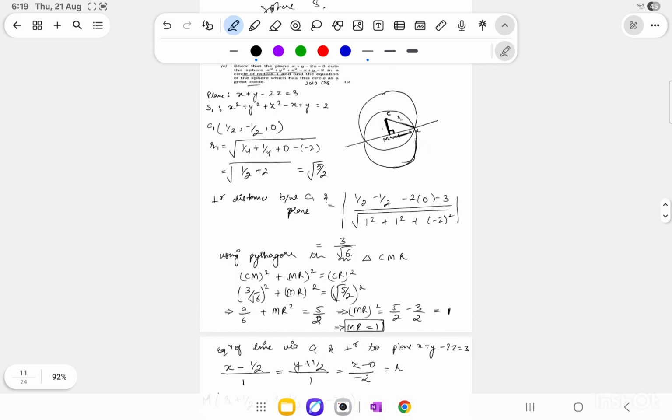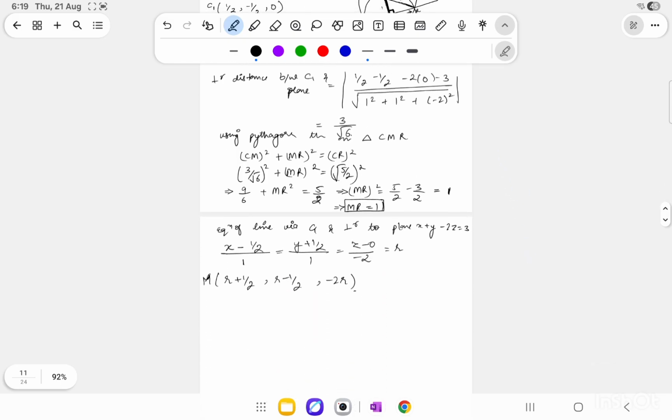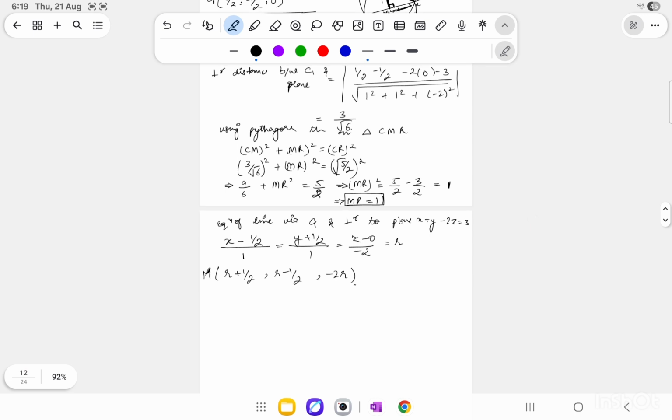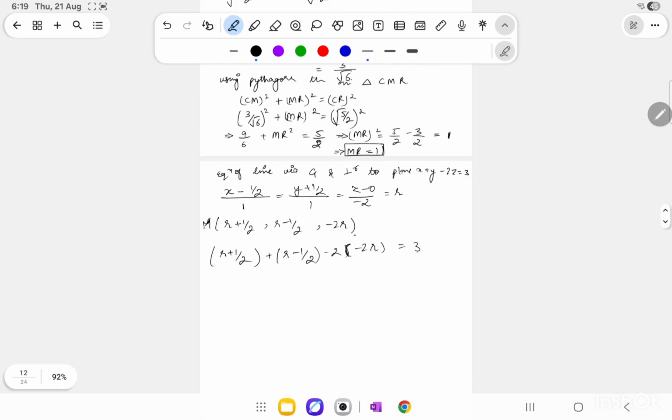Using that, I can find the value of r: (r plus 1 by 2) plus (r minus 1 by 2) minus 2 into (minus 2r) equals 3. If I simplify it, I'll get 2r plus 4r equals 3. So from here I got my r as 1 by 2.